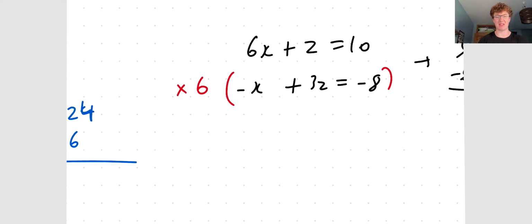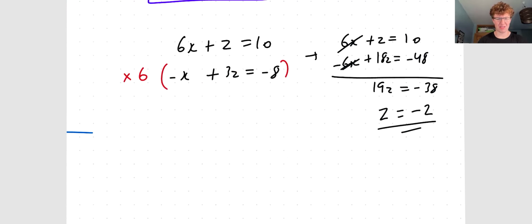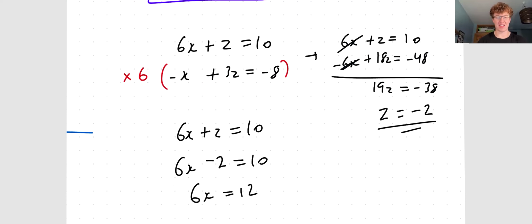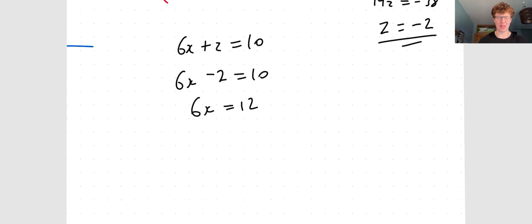So I'll fill it into this one on the top. 6x plus z we know is 10. Well, z is minus 2, so 6x minus 2 is equal to 10. That means that 6x is equal to 12. And dividing by 6, we get that x is equal to 2. There we go. Now we know x and z.